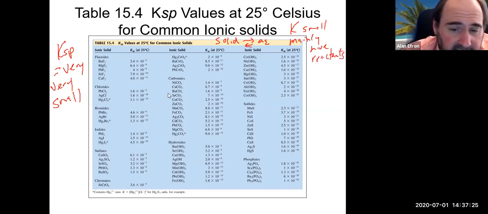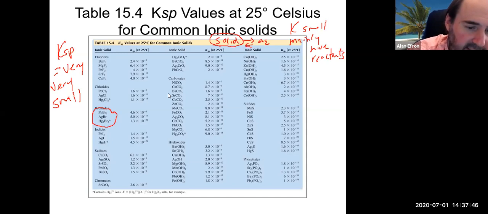Which means in this example, I mainly have a solid, which is why the things on this list are what we typically associate with the solubility rules as being insoluble. You can see, for example, our group 1 guys with the bromides, silver, lead, and mercury(I).